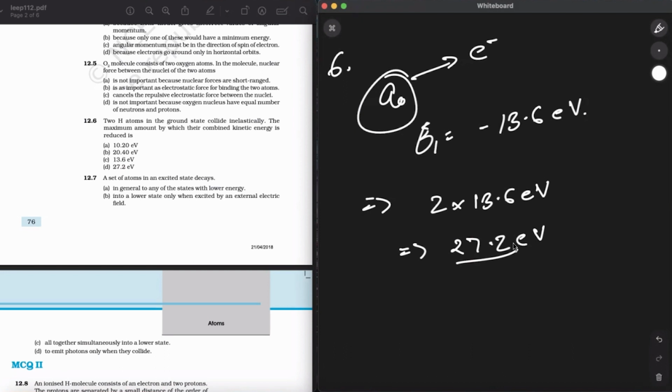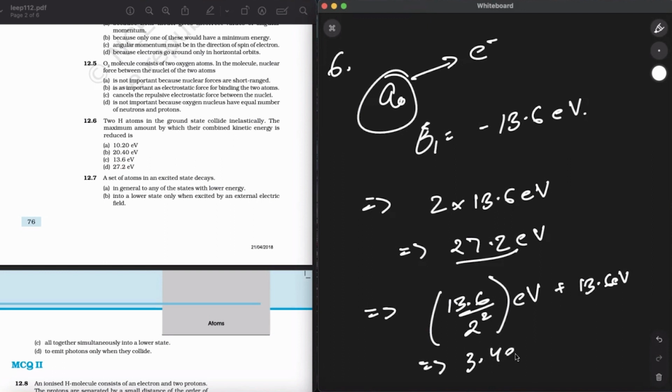The total energy of the two H atoms after collision we can determine using 13.6 divided by n squared, 13.6 times (1/n squared minus 1/2 squared), which gives 3.4 electron volt, 13.6 electron volt.